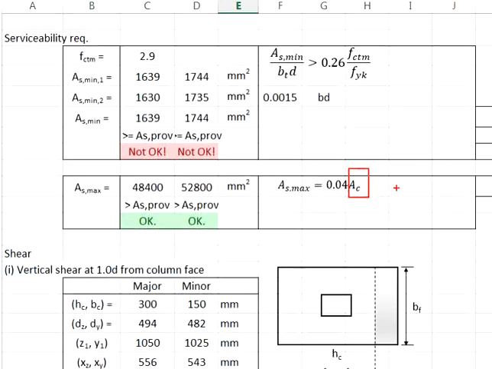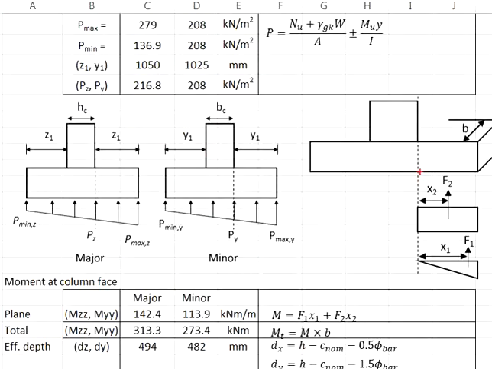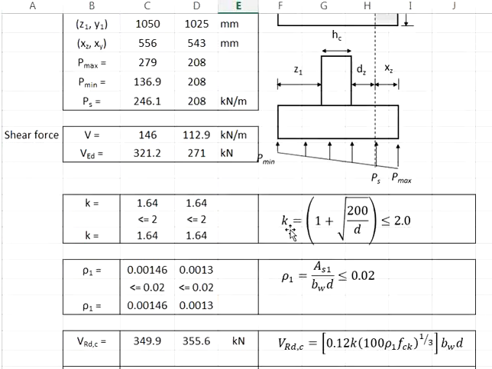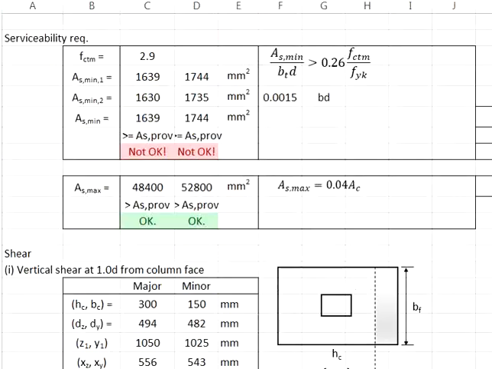Your Ac here is calculated based on the height of the pad footing multiplied by the width, which is equal to 2.2 meter. That gives you the As maximum in the major axis equal to this.